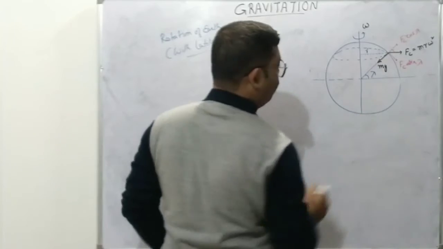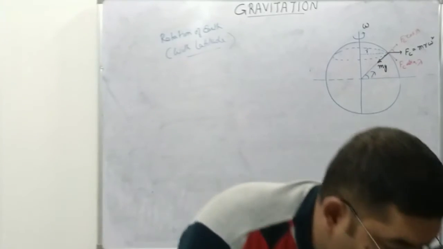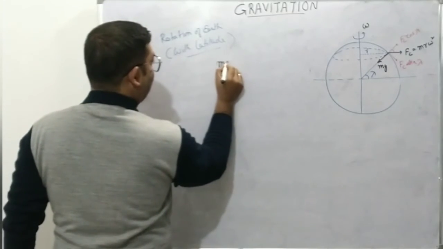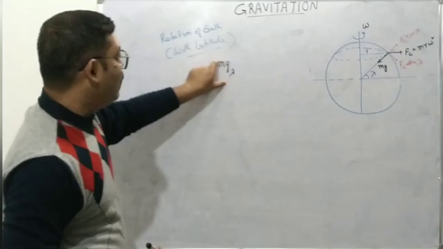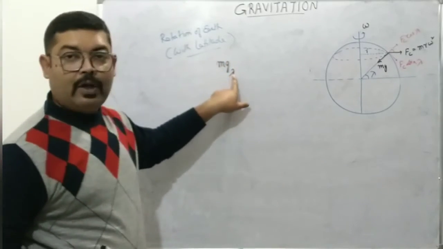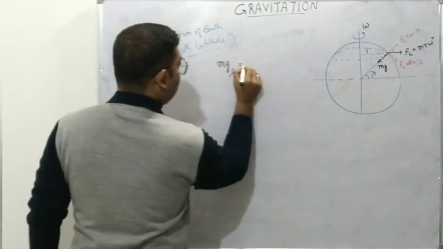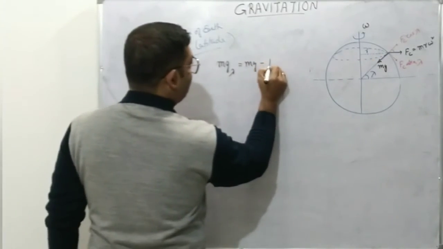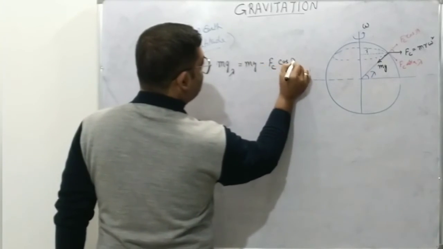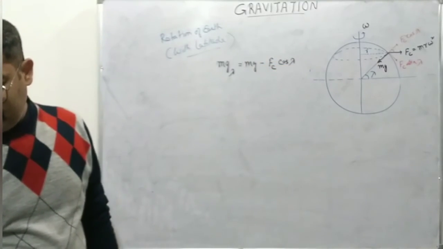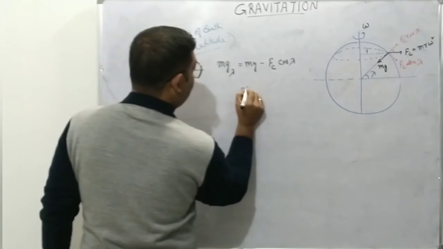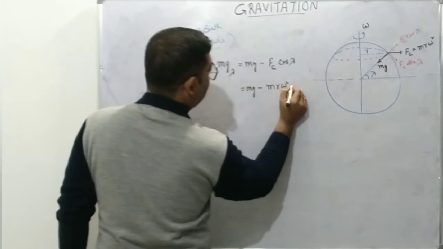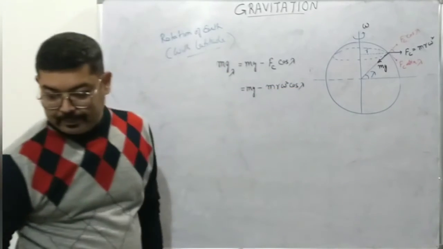The net inward force at this particular point, which will be m g_lambda, the weight of an object, mass into acceleration due to gravity at that particular point, must be equal to mg, the net force of gravitational attraction, minus F_c cos lambda, which is equal to mg minus m r omega squared cos lambda.